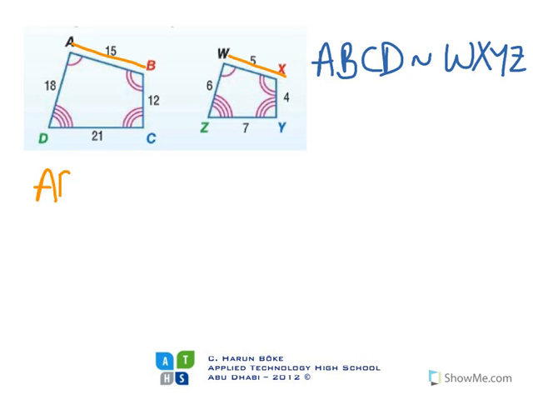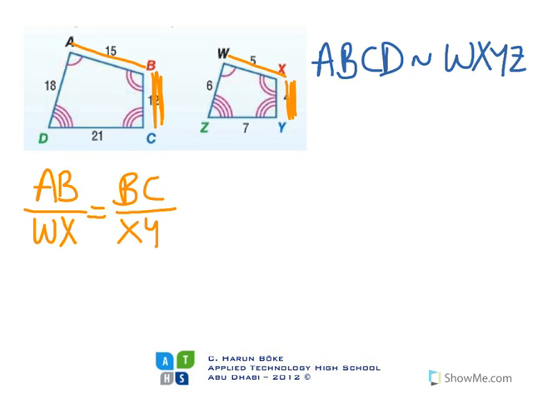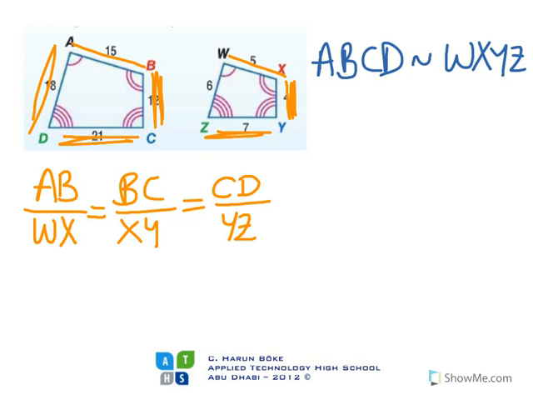So we are going to say AB over WX is equal to BC over XY, and then we have CD over YZ, and then we have DA over ZW, or AD over WZ, doesn't matter.